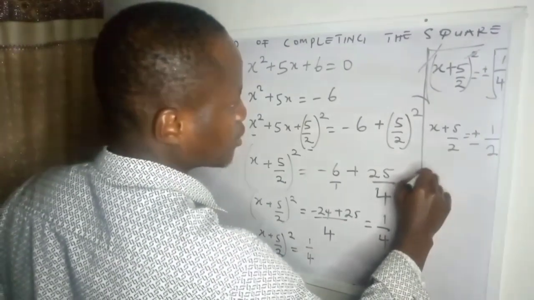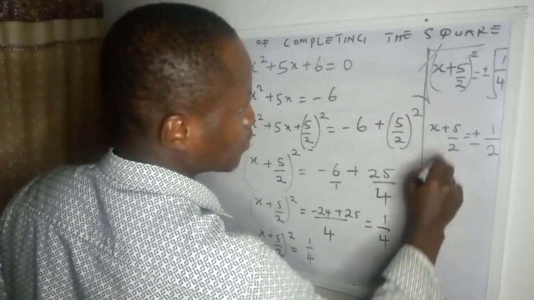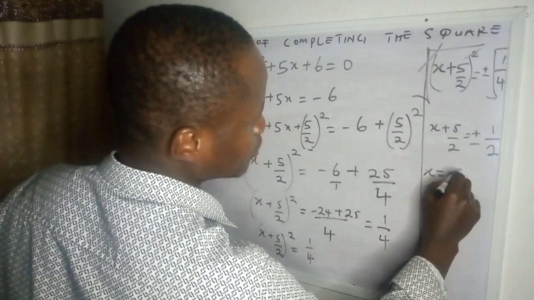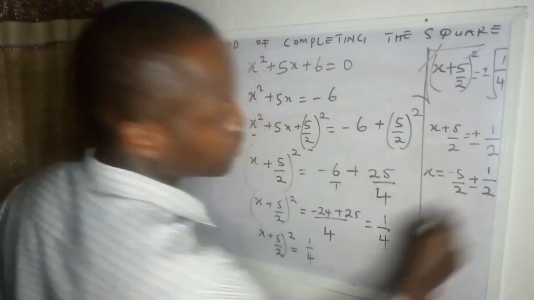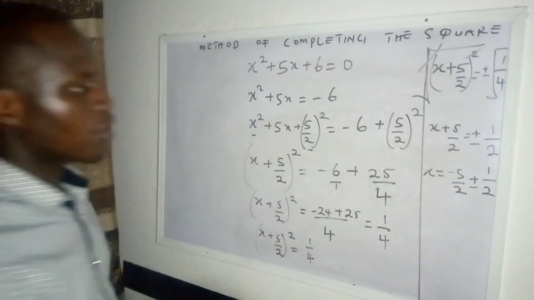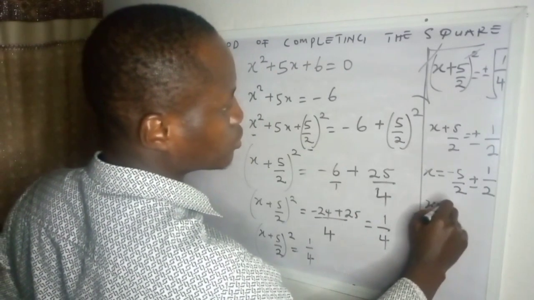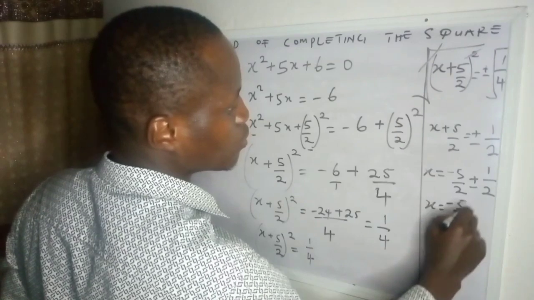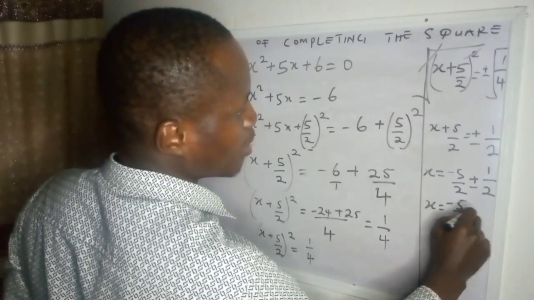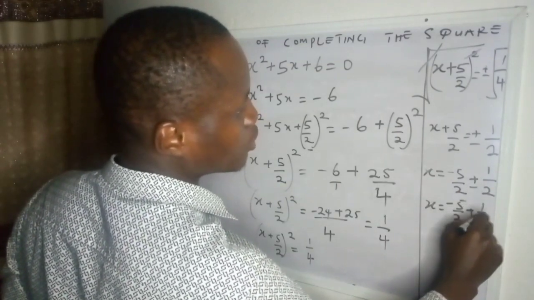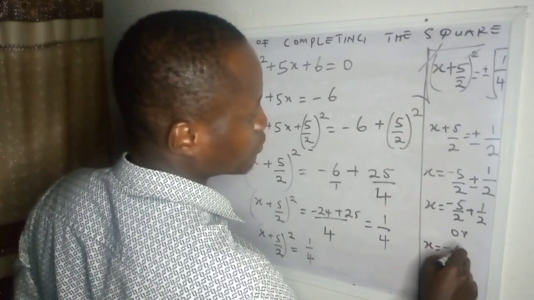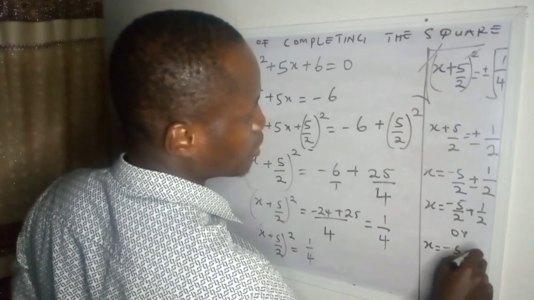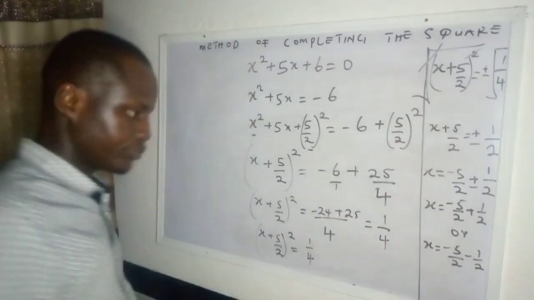So you have x equal to, this one goes to the other side, minus 5 over 2 plus or minus 1 over 2. So now our x will be equal to minus 5 over 2 plus 1 over 2, or x equal to minus 5 over 2 minus 1 over 2.